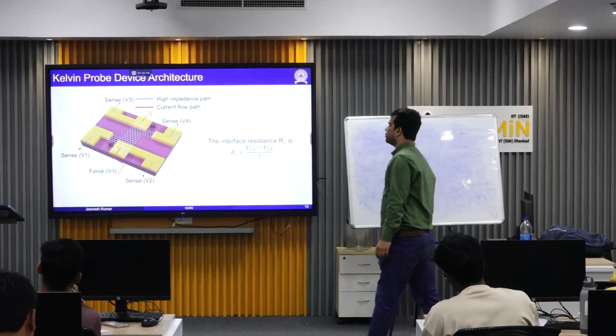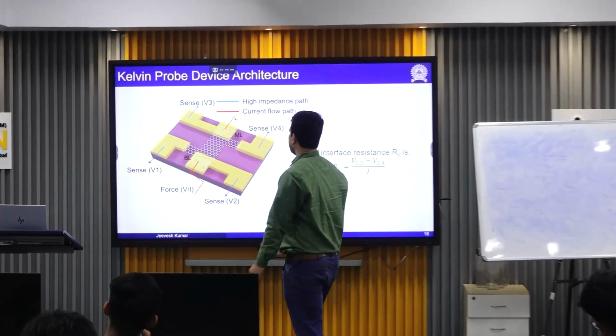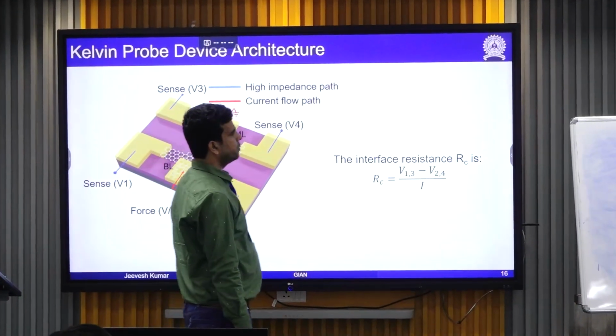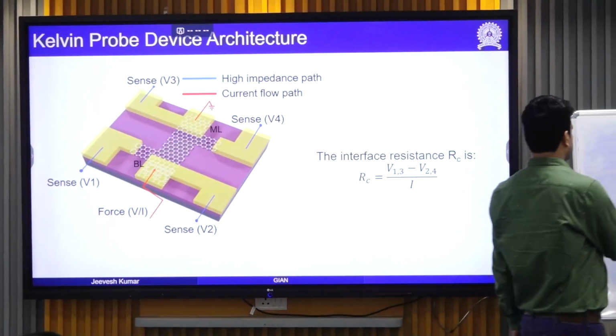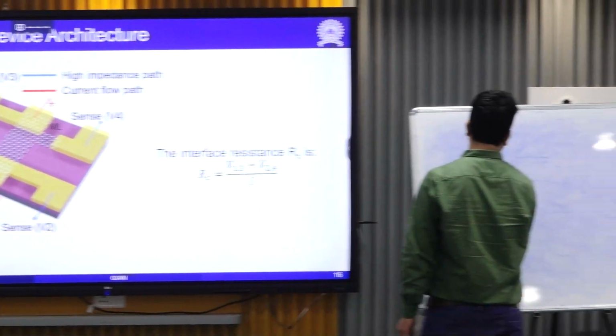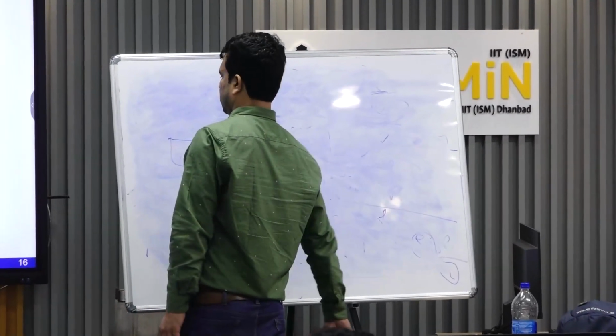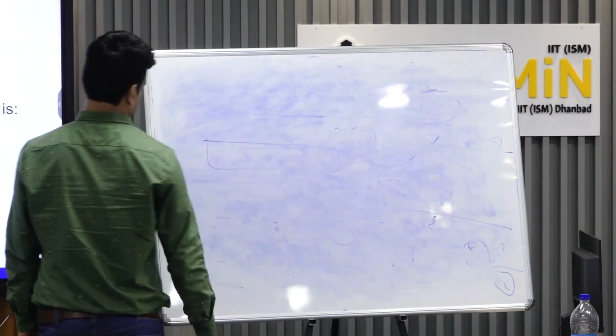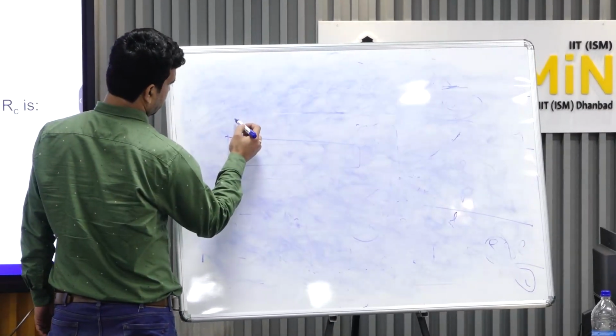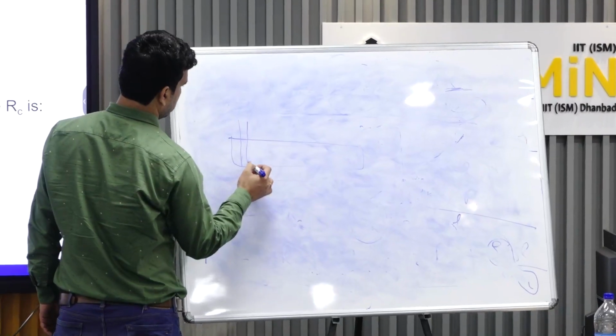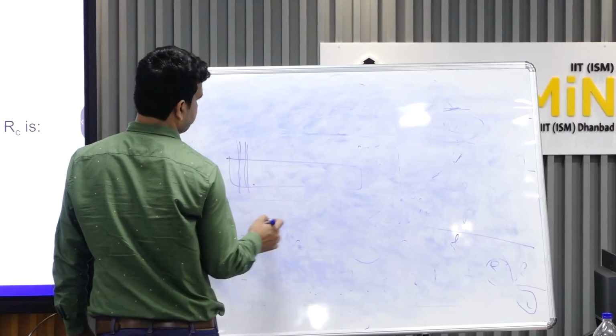So what we can do is create a structure something like this. We have a device, let's say two different devices. We'll put fingers here, two pads here and here.